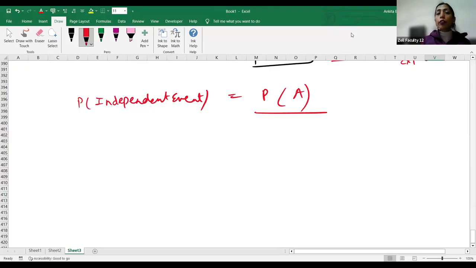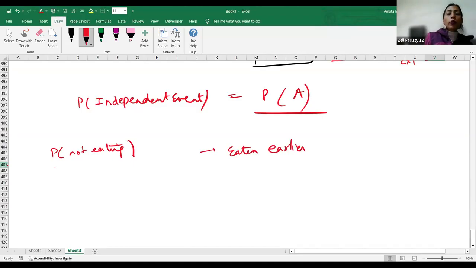What is the probability of me drinking water? It is not dependent on anything. So probability of me drinking water will be equal to probability of me drinking water. What is the probability of me not eating? It depends on whether I have eaten earlier or not.